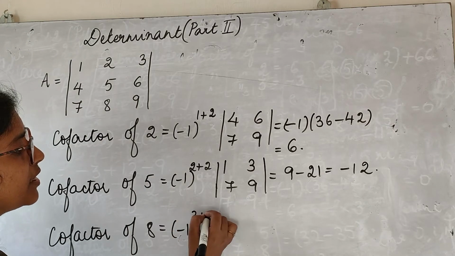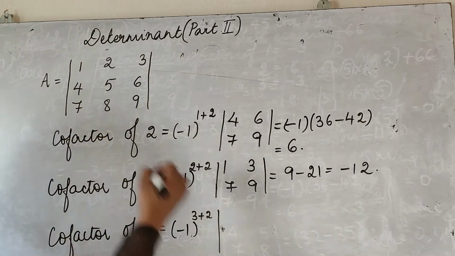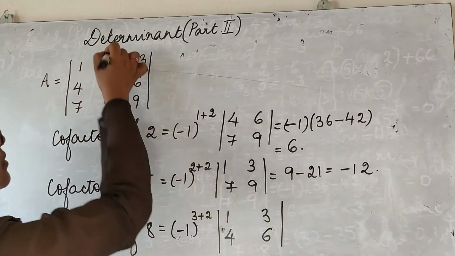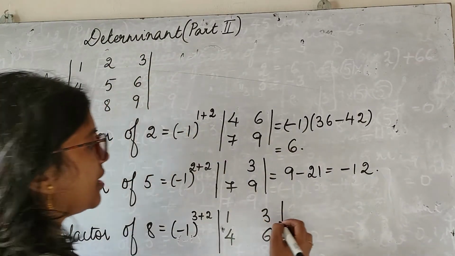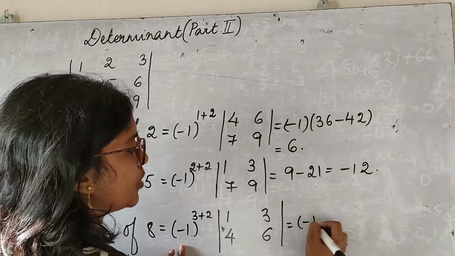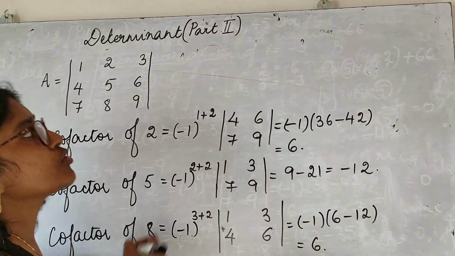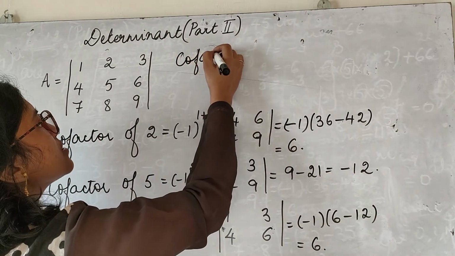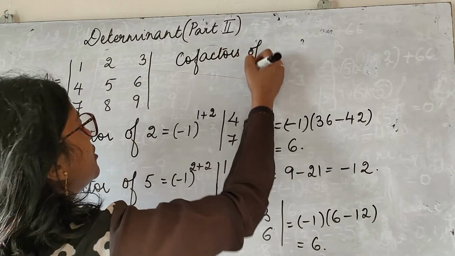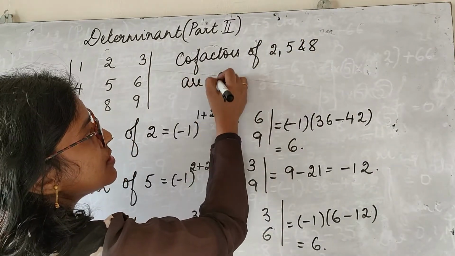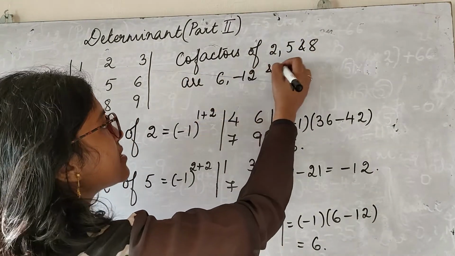Third row and second column. Don't write third row, second column. Write the remaining entries: 1, 3, 4, 6, and that is minus 1 into 6 minus 12, 6. So I have the cofactors of 2, 5 and 8. They are 6, minus 12 and 6 respectively.